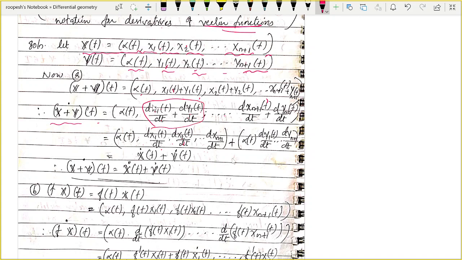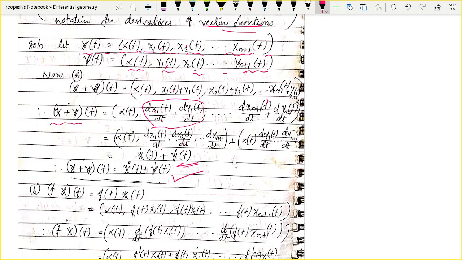Alpha(t), first part containing everything in terms of X1, X2, X3, up to X_{n+1}. Second part, alpha(t), comma, dY1/dt, dY2/dt, etc., dY_{n+1}/dt. So like that we can combine. You will get it as X dot of t plus Y dot of t. So this result follows very easily.